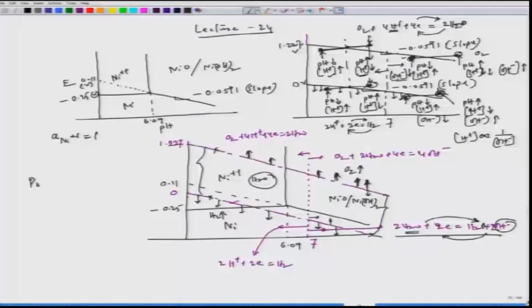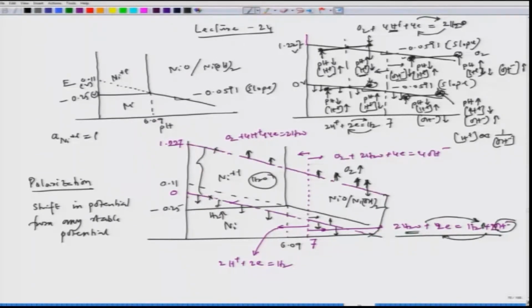For the time being, let us understand polarization. Polarization is nothing but the shift in potential from any stable potential. Here we are talking about equilibrium, so it is basically the equilibrium potential.